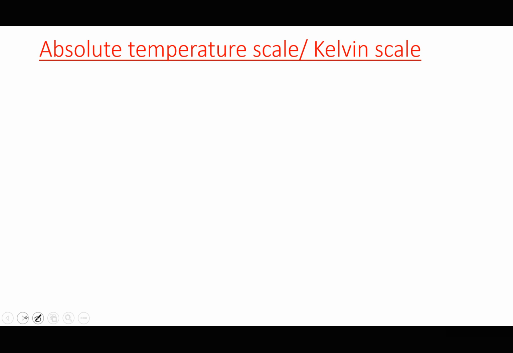Remember I said to come up with a temperature scale, we must have a thermometric property and fixed points. But we are saying the absolute temperature scale does not depend on the property of any particular substance, because one of its fixed points, the absolute zero, has a very great significance compared to the two fixed points we saw on the centigrade scale.